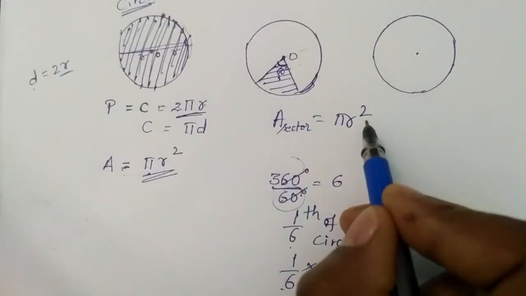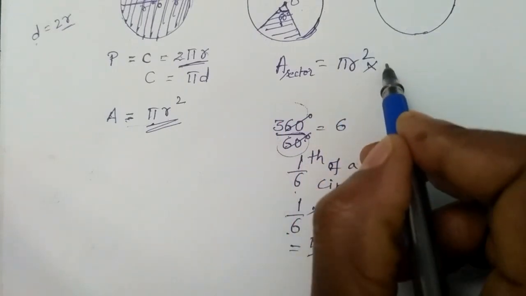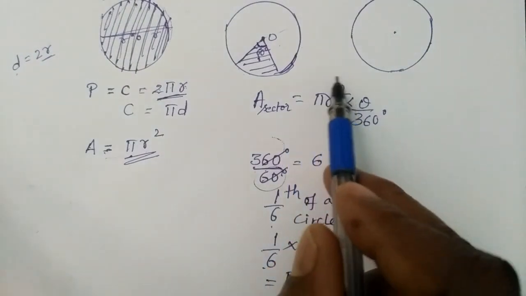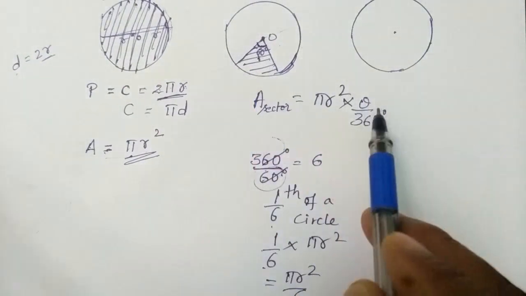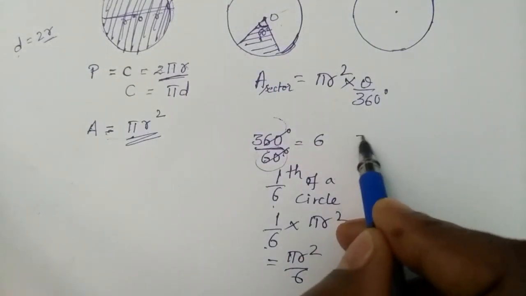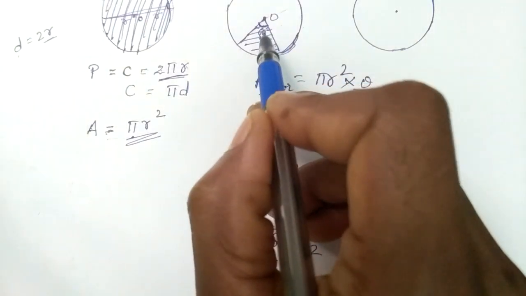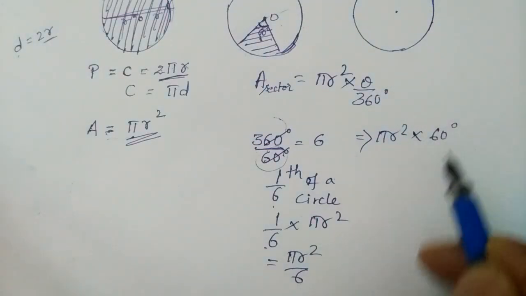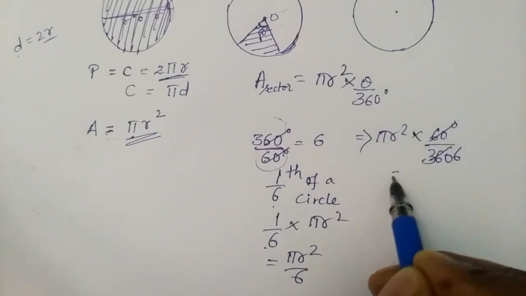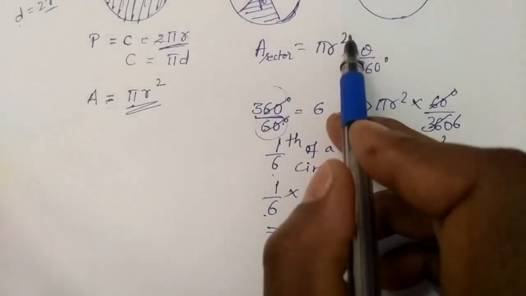So we use this formula: area of a sector is pi r square into theta by 360 degrees. What does it mean? The area of a circle is pi r square, and we multiply by the angle the given sector subtends at the center, theta, divided by 360. Here it subtends 60 degrees, so 60 by 360 cancels to 1 by 6. We get pi r square by 6, which we wrote before also. So we use this general formula.